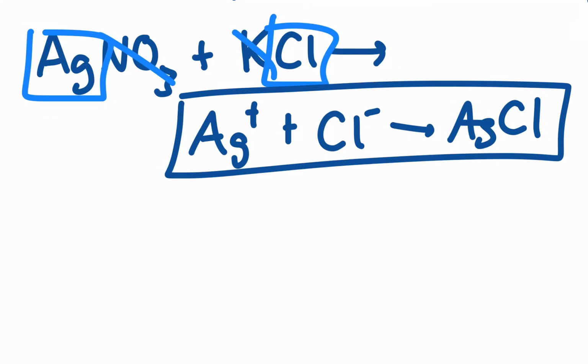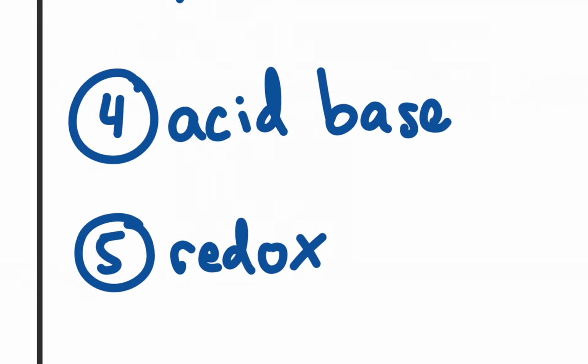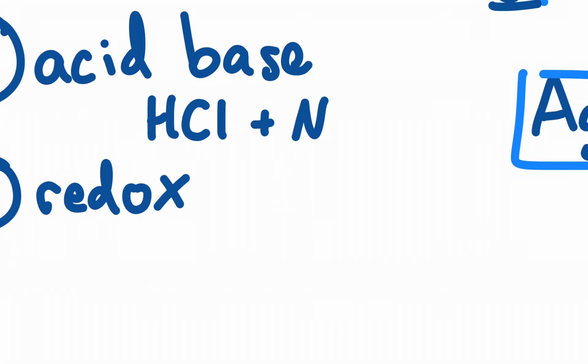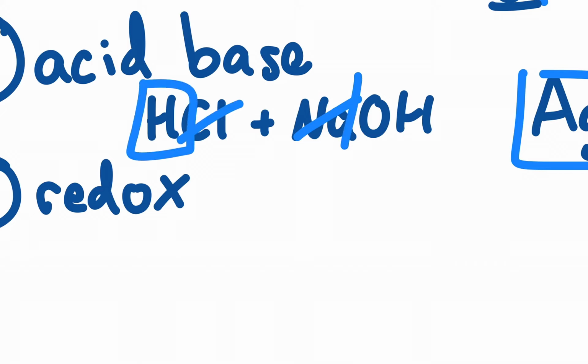The same kind of thinking can be used for acid-base reactions. Acid-base reactions, we also get rid of the spectator ions. For example, if I have hydrochloric acid, HCl, plus sodium hydroxide, NaOH, I get rid of spectator ions, in this case sodium ion and chloride ion, and my net ionic would be H+ plus OH- makes H2O.